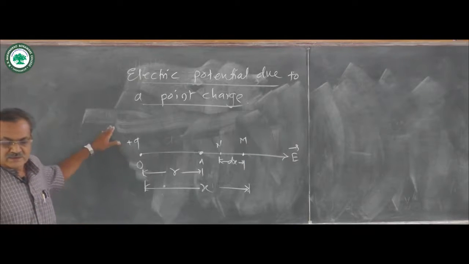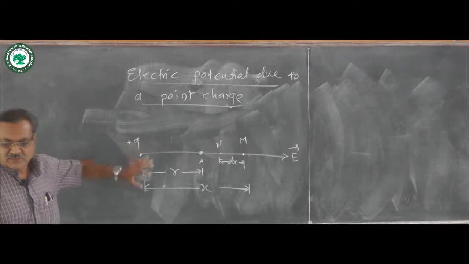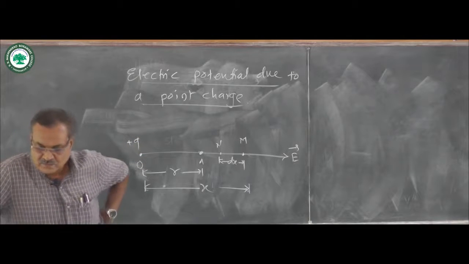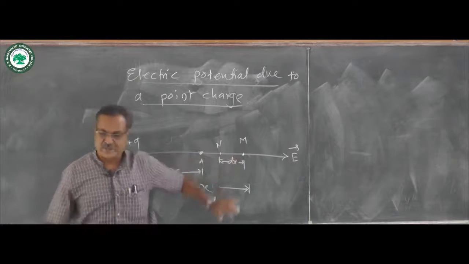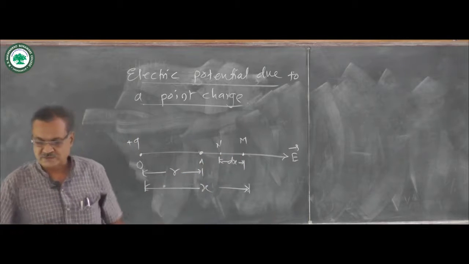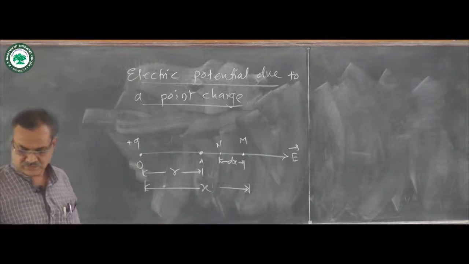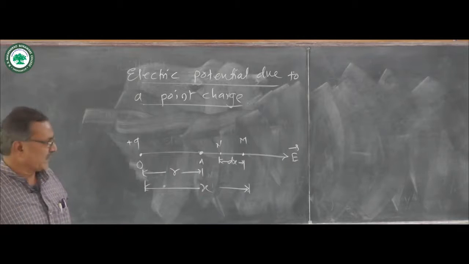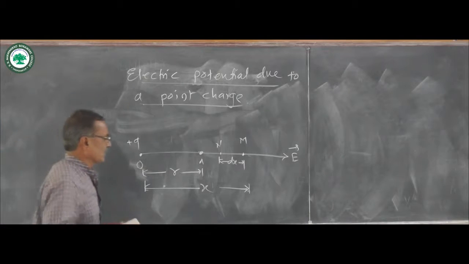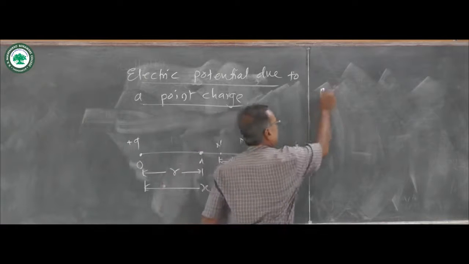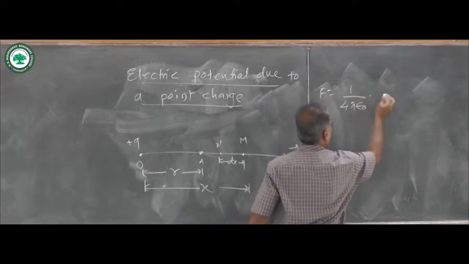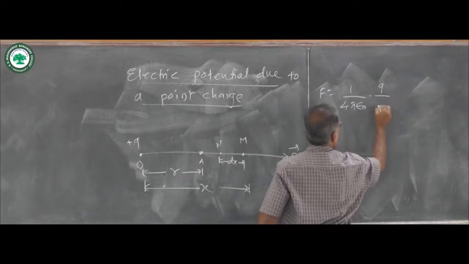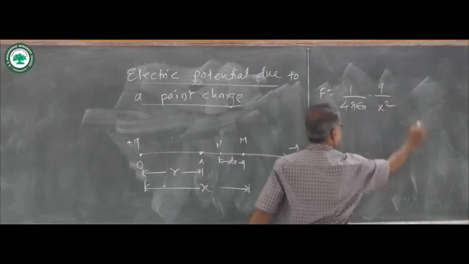The electrostatic force on a unit positive charge which is kept at point M is of magnitude, by using Coulomb's law, F equals 1 upon 4 pi epsilon naught into Q upon x square.